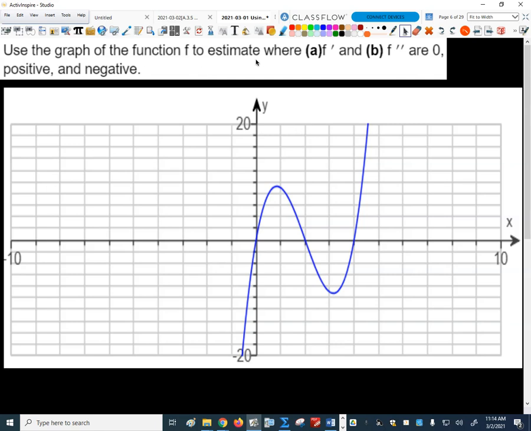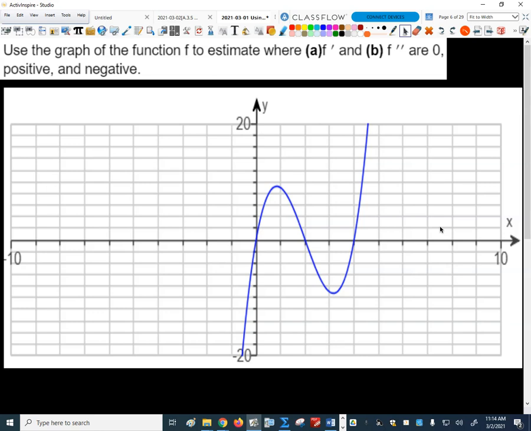Use the graph of the function f to estimate where f prime and f double prime are 0, positive, and negative. So try this one real quick. Think about this and maybe type in chat, using interval notation, where is the first derivative positive?